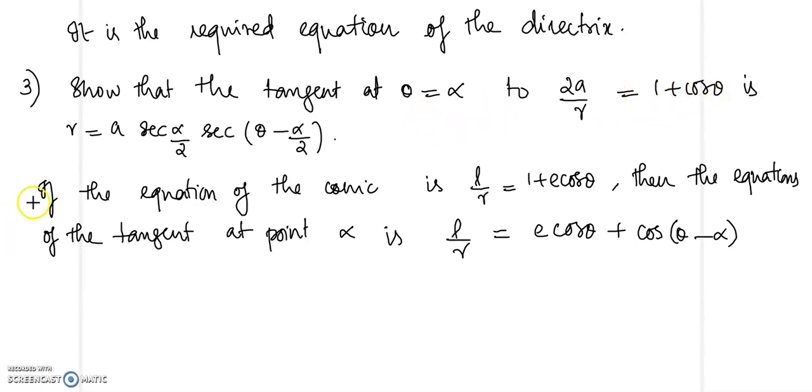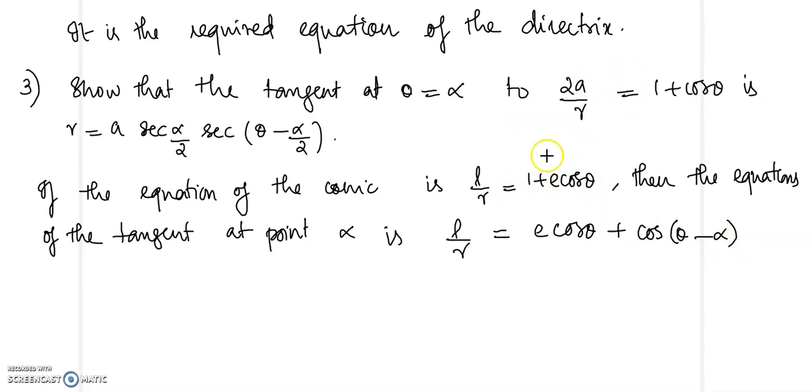Let us see the general result we have seen. We have seen the equation of the tangent. If you have a conic in the form L by r equal to 1 plus e cos theta, then the equation of the tangent at point alpha will be given by L by r equal to e cos theta plus cos theta minus alpha.